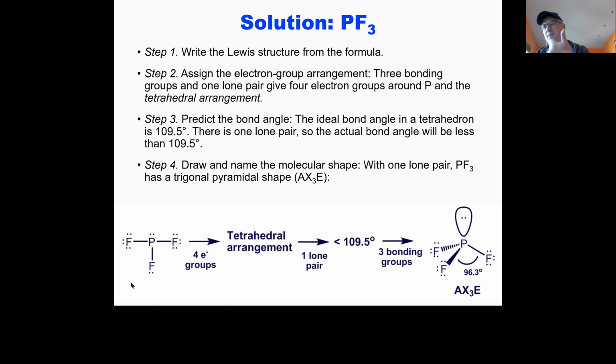Hopefully we would have remembered that the bond angle between those 3 fluorines is going to be less than ideal, less than 109, because we have a lone pair up here. And those fluorines have a lot of electrons too. So that lone pair is going to be pushing those fluorines away, and this angle is going to be less than 109.5.